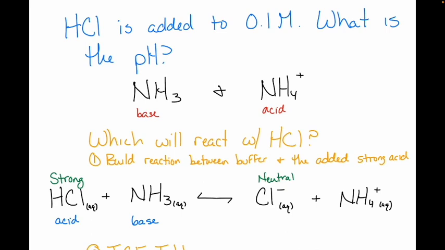So your starting chemical equation will be different depending on whether you're adding acid or base, because acid will react with the base in the buffer, base will react with the acid in the buffer. All right, so that very first step where you build your reaction will be a little bit different depending on what we're adding.